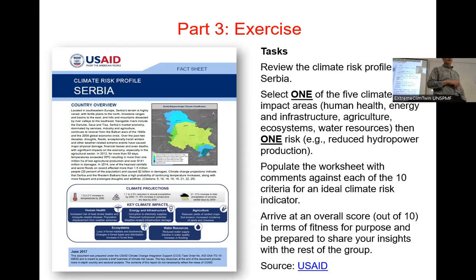For those of you joining us remotely, the question is, what's behind the climate classification in the Serbia climate risk profile? How is it possible to have a tundra climate? Well, tundra is probably a generic term which is being used to describe high altitude environments that have a certain temperature, rainfall and snowfall regime, certain parts of the year where the soils are frozen, that kind of thing.